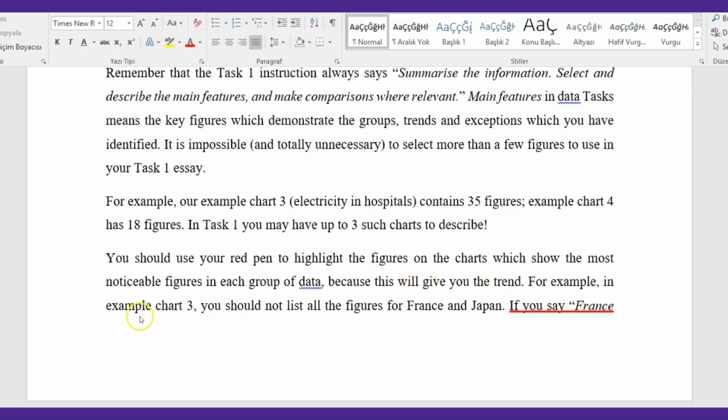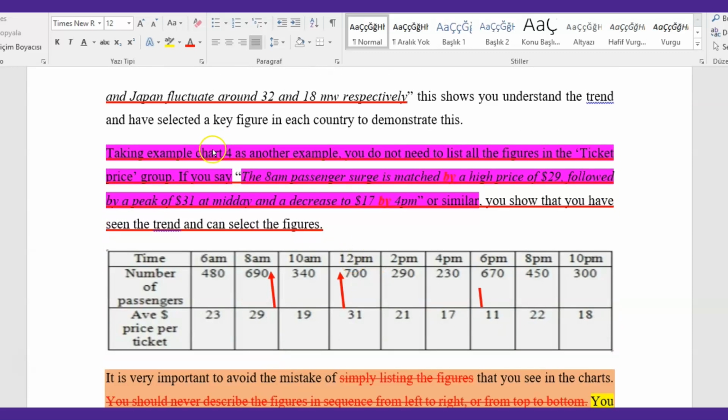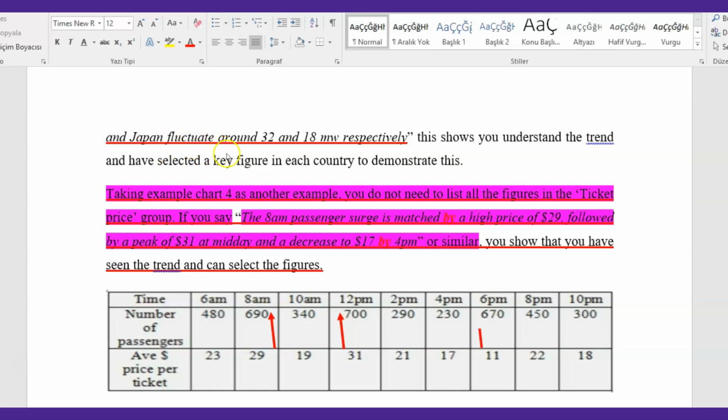For example, in example chart 3, you should not list all the figures for France and Japan. If you say France and Japan fluctuated around 32 and 18 megawatts respectively, this shows you understand the trend and have selected a key figure in each country to demonstrate that.